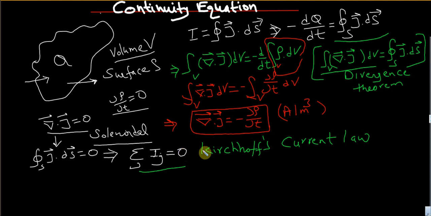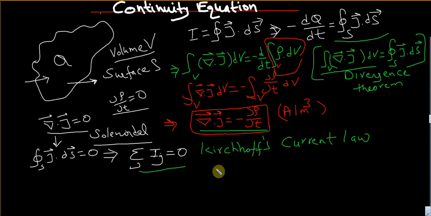Now here we are also going to prove, by using the continuity equation, that if we put a charge inside a conductor, it will redistribute that charge on the surface.